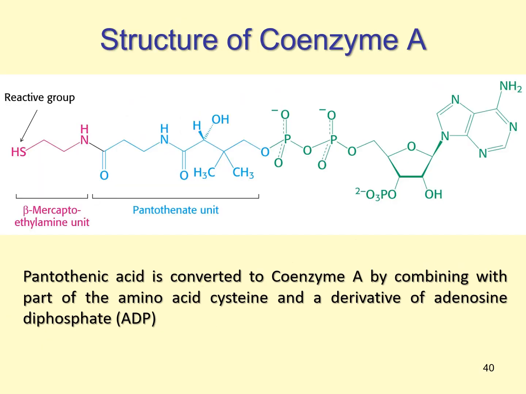The structure looks like this one. It has a beta-mercaptoethylamine unit as a moiety attached to it, and there is a pantoic acid unit. Pantothenic acid is converted to coenzyme A by combining with parts of the amino acid cysteine and a derivative of adenosine diphosphate, or ADP.